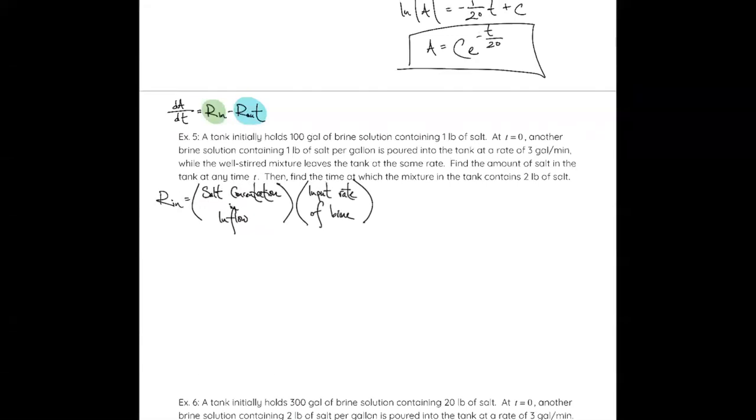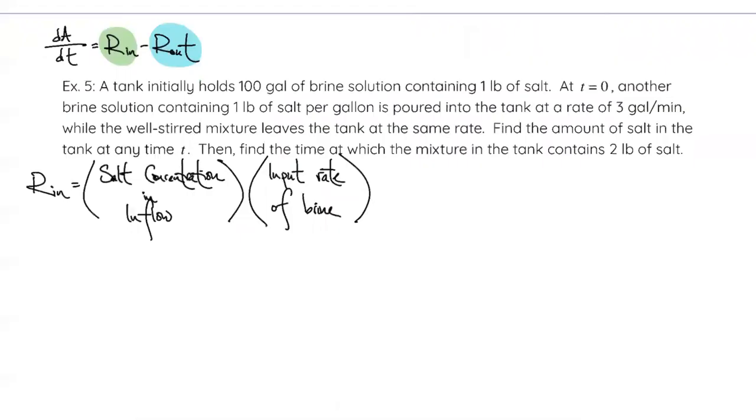We've only done one problem, so it's probably best to refresh our memory on where these numbers come from. But our salt concentration on the inflow, well, there is 1 pound per gallon is what they told us is coming into the tank.